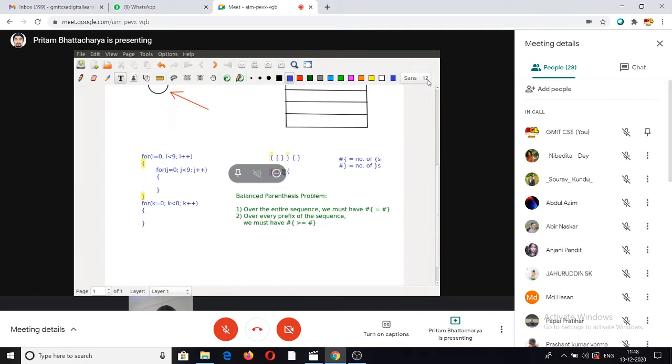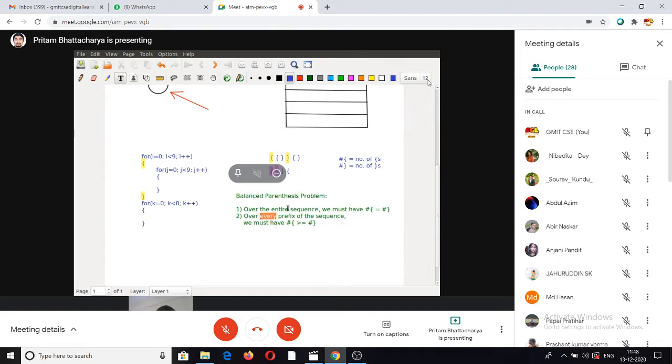But now comes the catch. Take the prefix of length 3 here. Once you have this prefix of length 3, you see that the number of opening braces is 1, but the number of closing braces in this prefix is 2. So the number of opening is strictly less than the number of closing braces. So condition 2 has failed, because note that it has to hold for every prefix of the sequence.